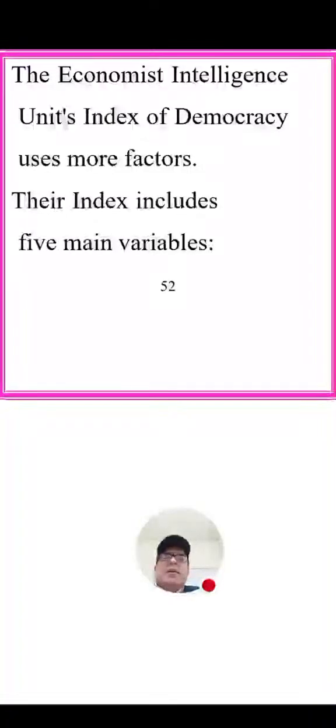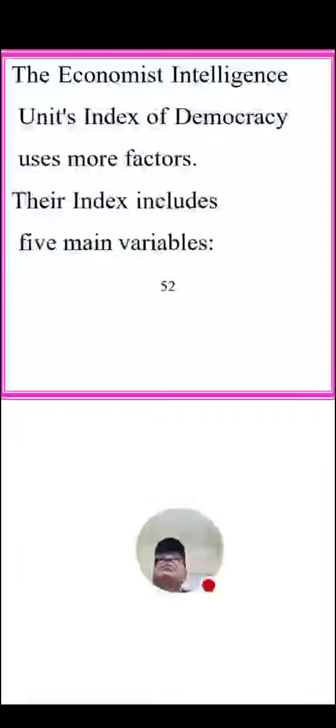There's another index which ranks different countries. It is the Economist Intelligence Unit's Index of Democracy. The Economist is a famous British newspaper, I think.